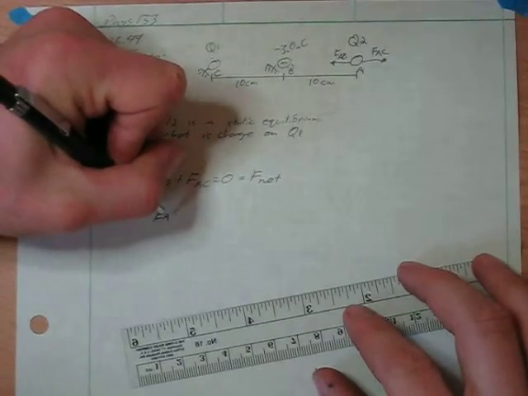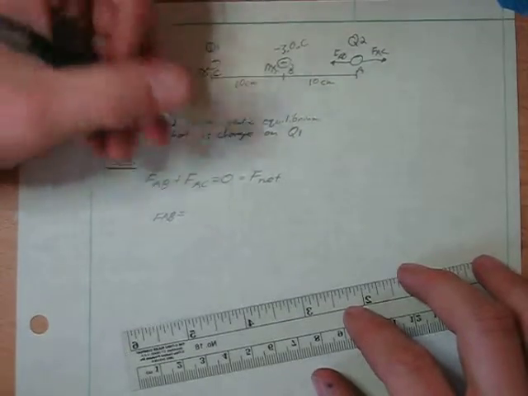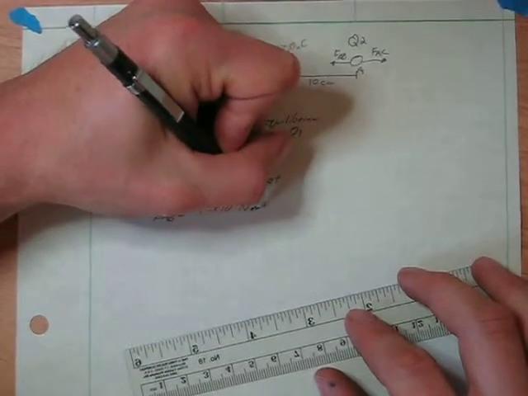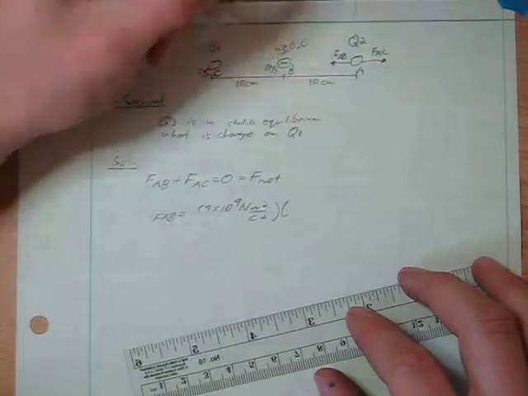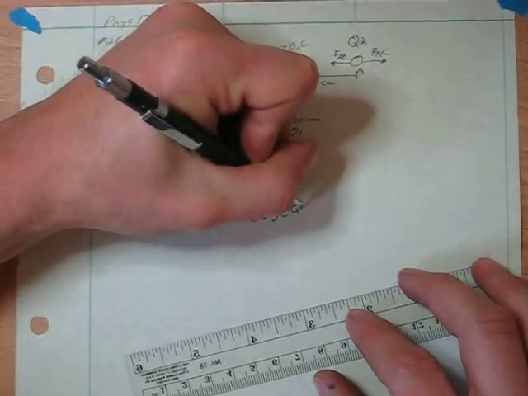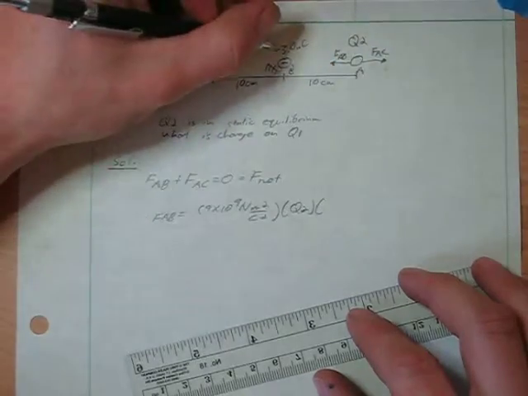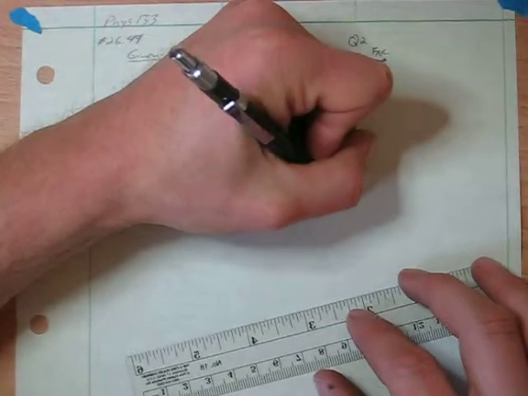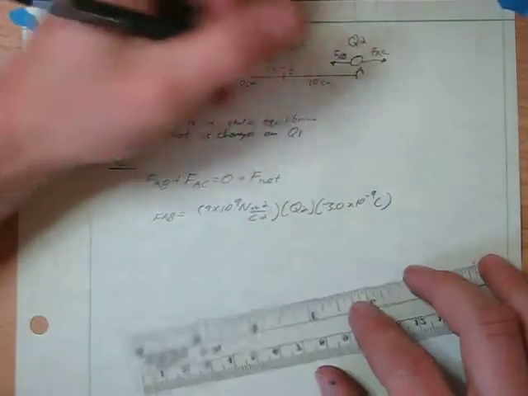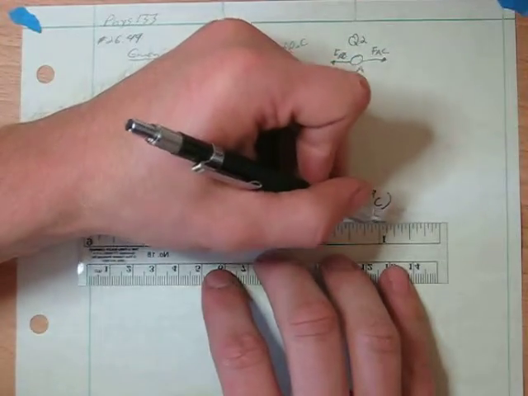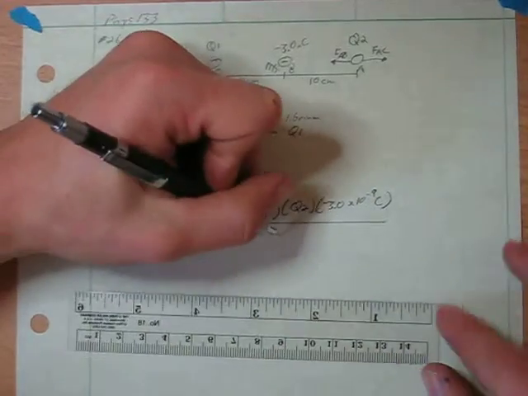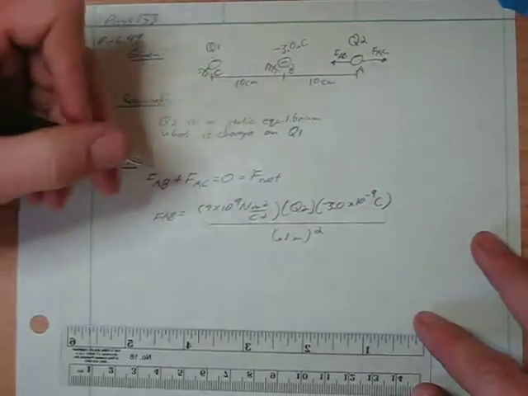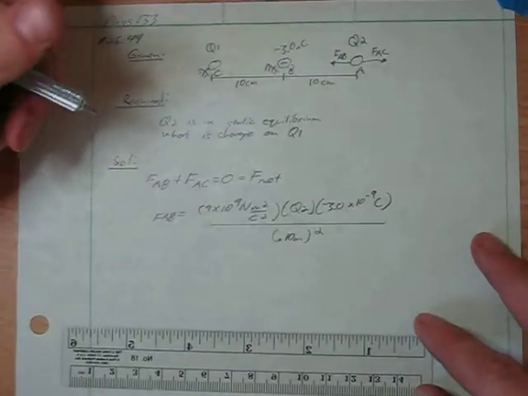So FAB equals, let's use Coulomb's law, 9 times 10 to the 9th newton meters squared per coulomb squared times Q2, that's a charge, times this one here, which is negative 3.0 times 10 to the negative 9th coulombs, and that is all over this distance, which is 0.1 meters squared. I suppose I should keep our significant figures correct here.